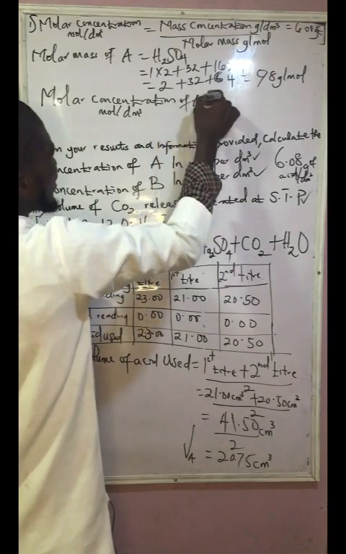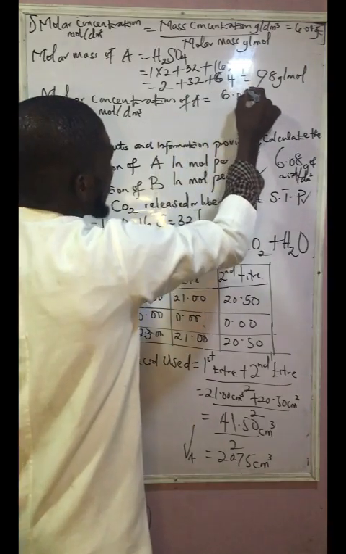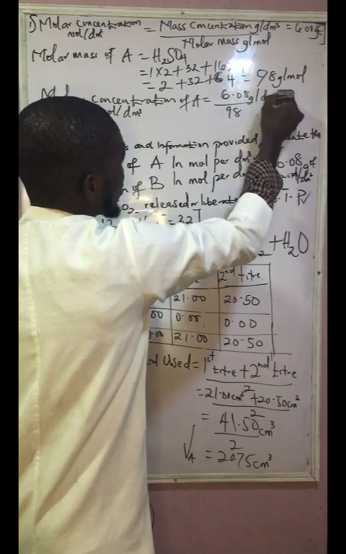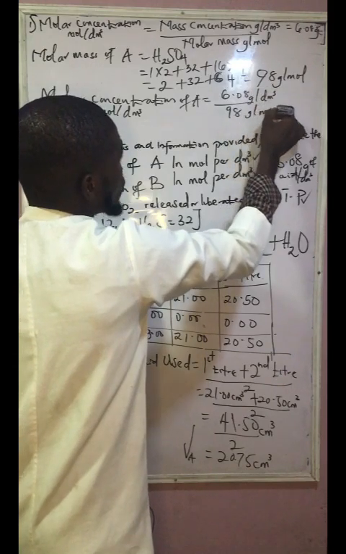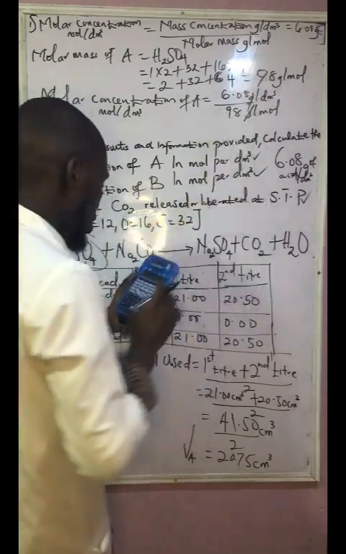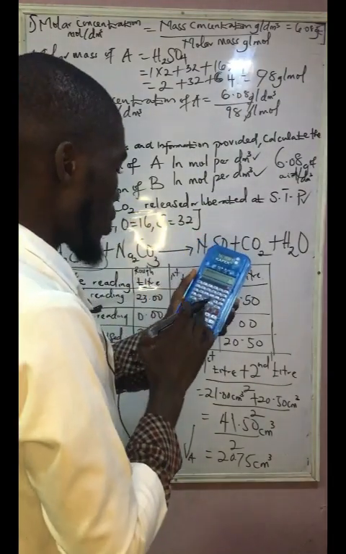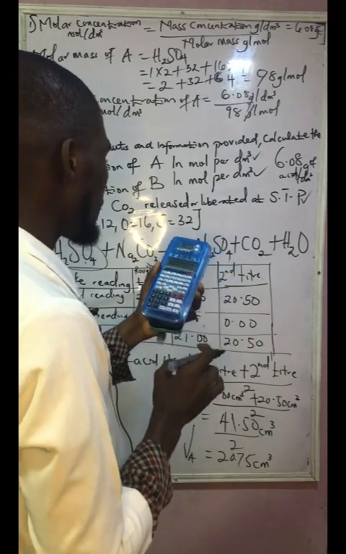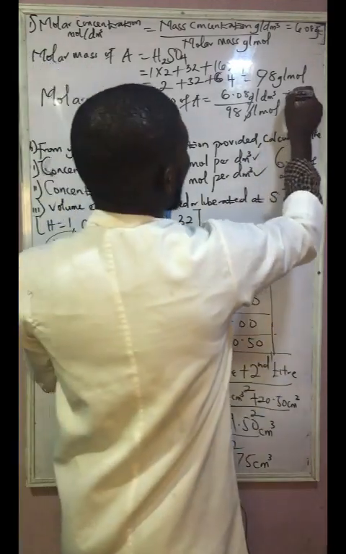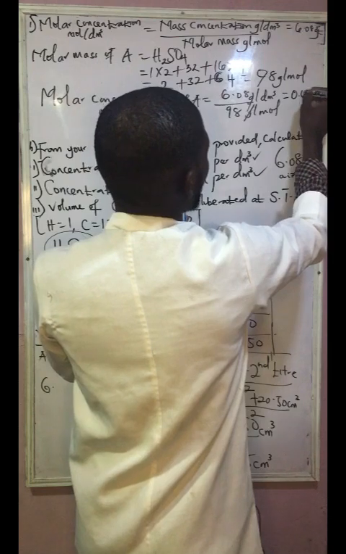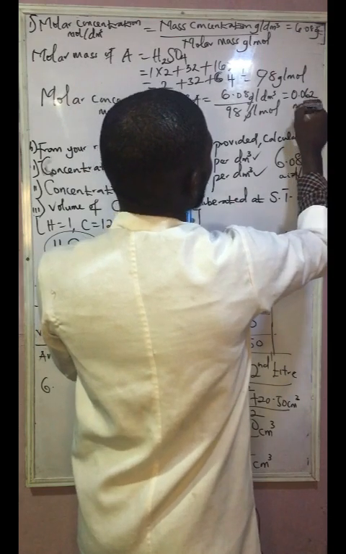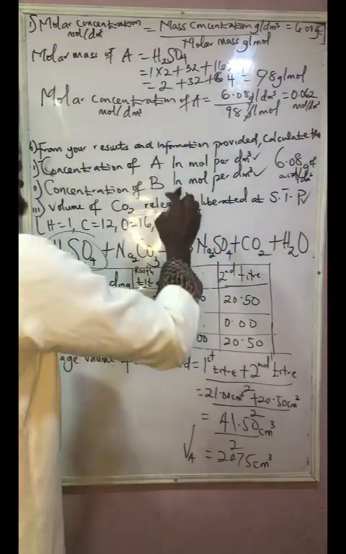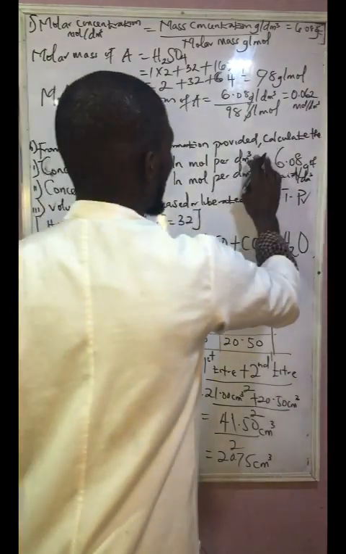of A equals 6.08 divided by 98. The unit for this is gram per mole, and this cancels this. So 6.08 divided by 98, our answer is 0.0262 mole per dm cube.